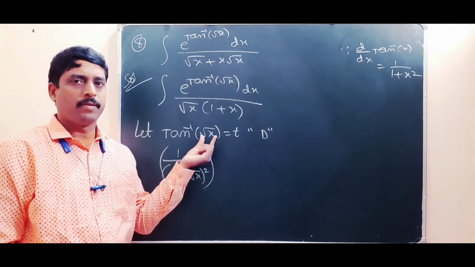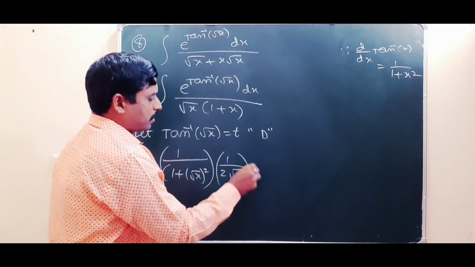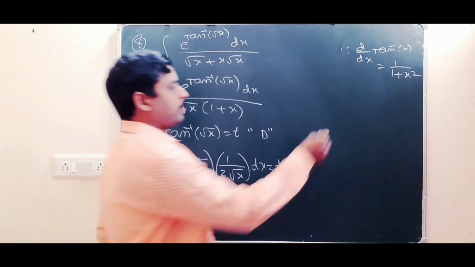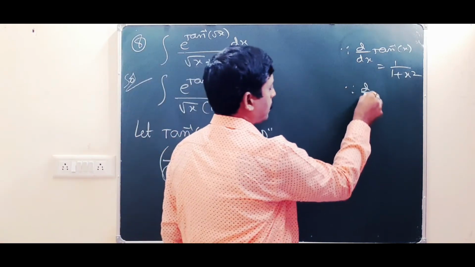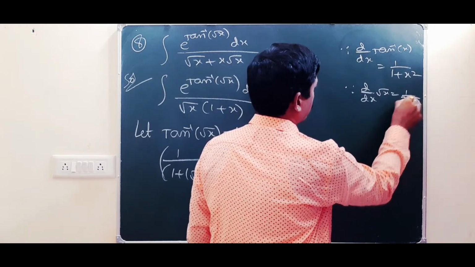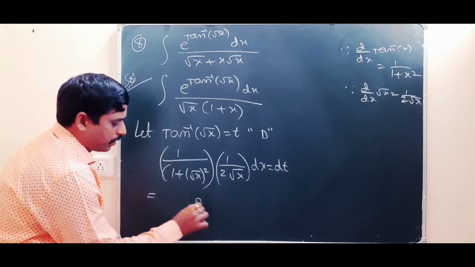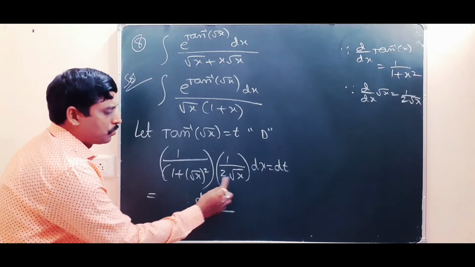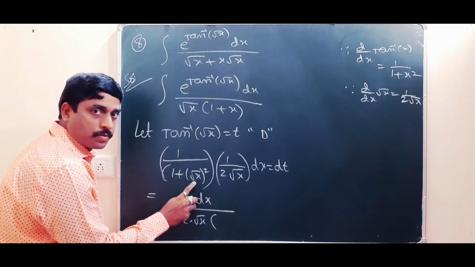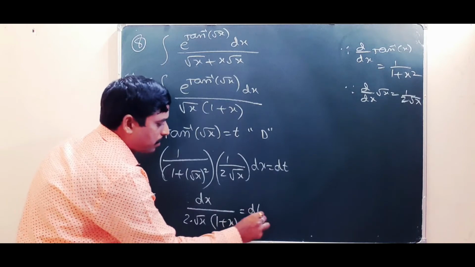By using the chain rule, differentiation of root x is 1 by 2 root x. So dx by 2 root x into (1 plus x), since root x whole square is nothing but x, is equal to dt.